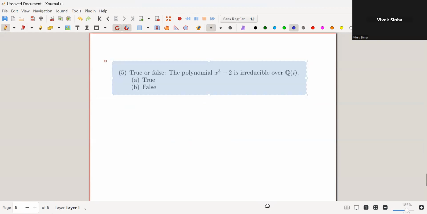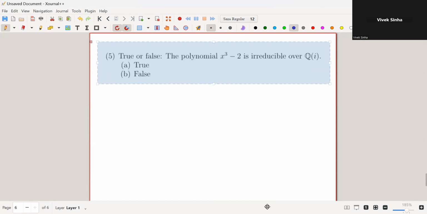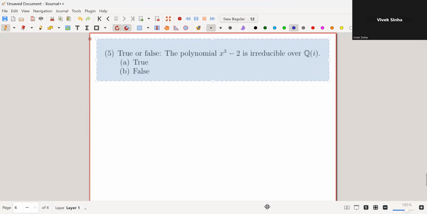So let's move to the next. It says the same polynomial, but the field is now changed to Q(i). So what's your guess? Should it be true or false? I think it is false, sir. This is reducible. Yeah. And what are the factors then?